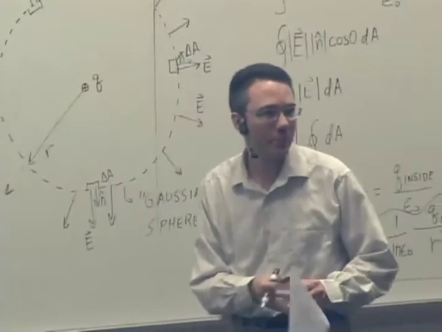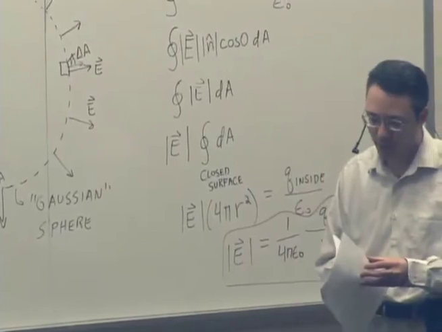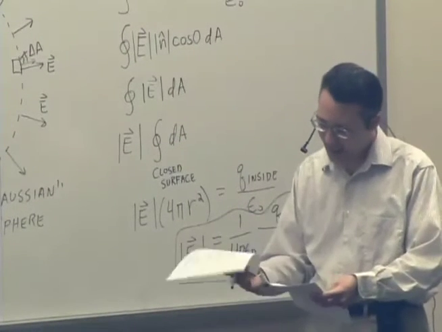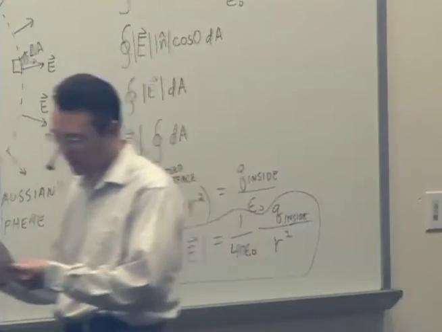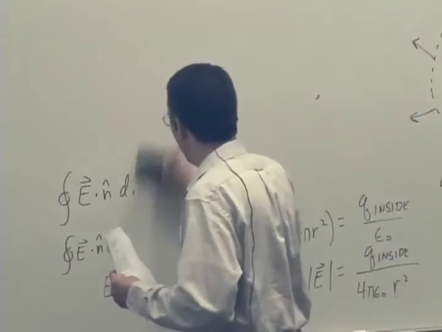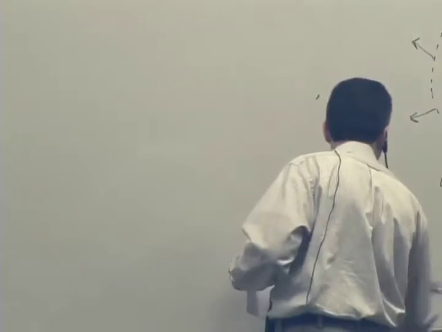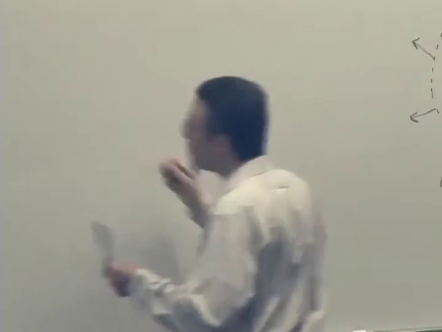So these types of proofs physicists like to use Gauss's law for. There is another thing that we can think about that we dealt with in the past, which is the electric field inside a conductor.